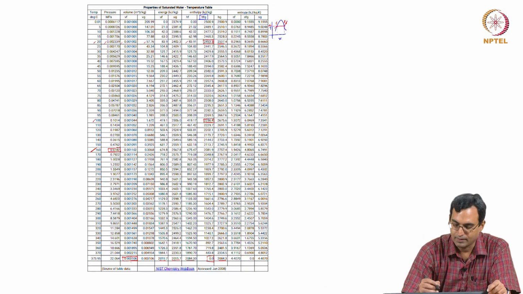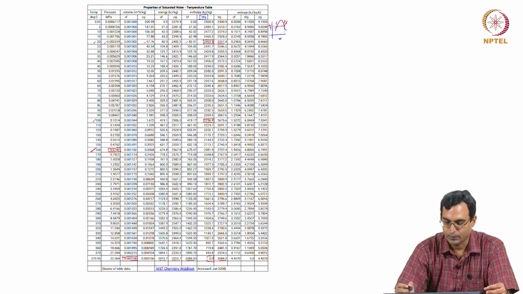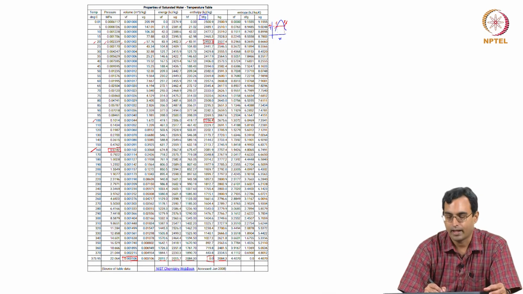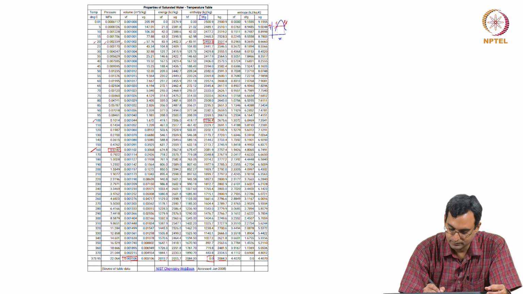So, for example, if I want to know what is the entropy of saturated liquid at 80 degrees centigrade. So, at 80 degrees centigrade the saturation pressure is 0.04 megapascal, which is listed over here. So, I am going to look at this row. The corresponding Vf, Vg, internal energy and enthalpies are here, and what I will go on to is the entropy.